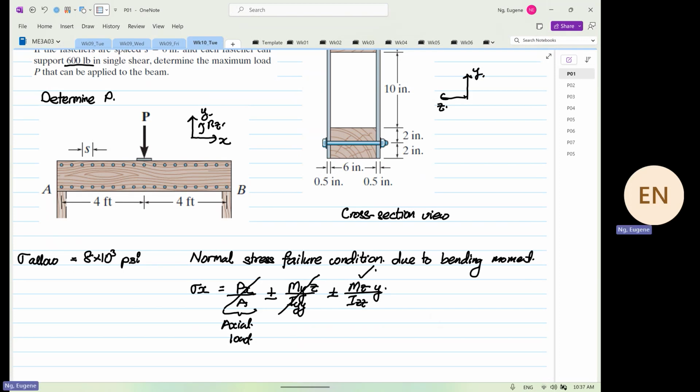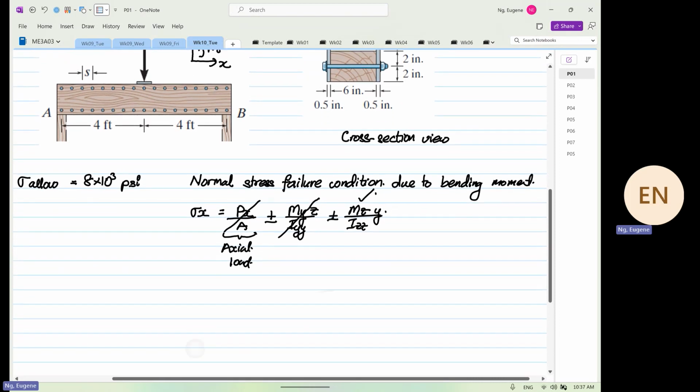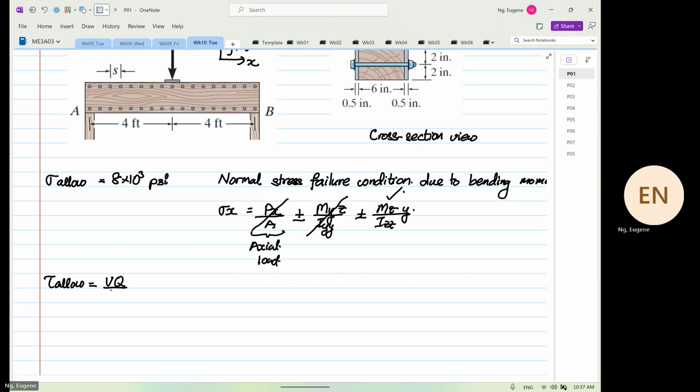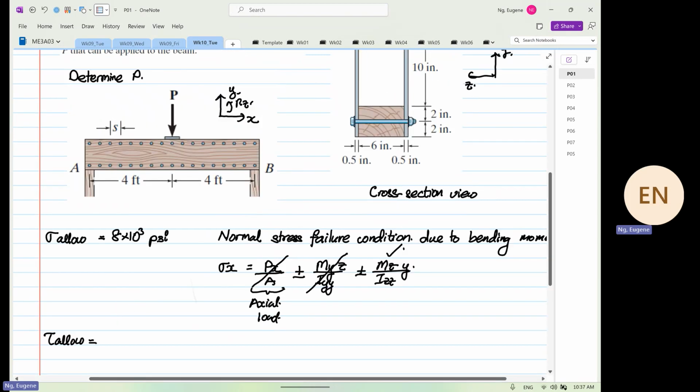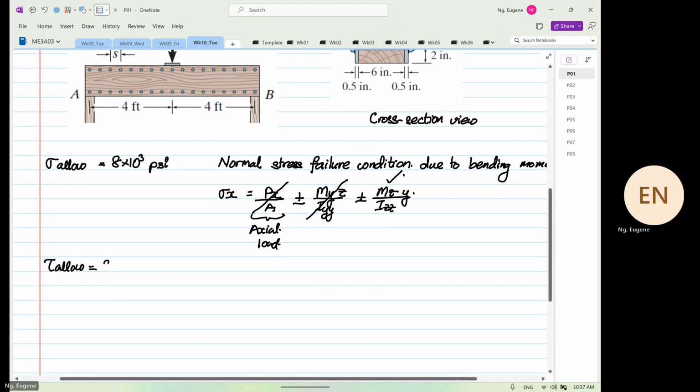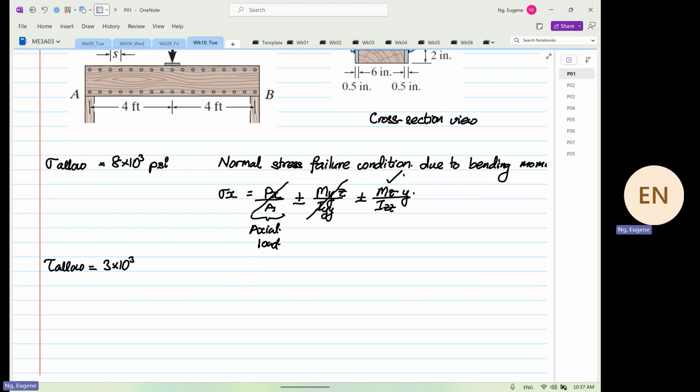Then the next thing that comes is they give us the allowable shear stress, which is equal to VQ over It. Okay. So we know this, not VQ, sorry. The allowable shear stress is equal to 3 times 10 to the power 3 psi.